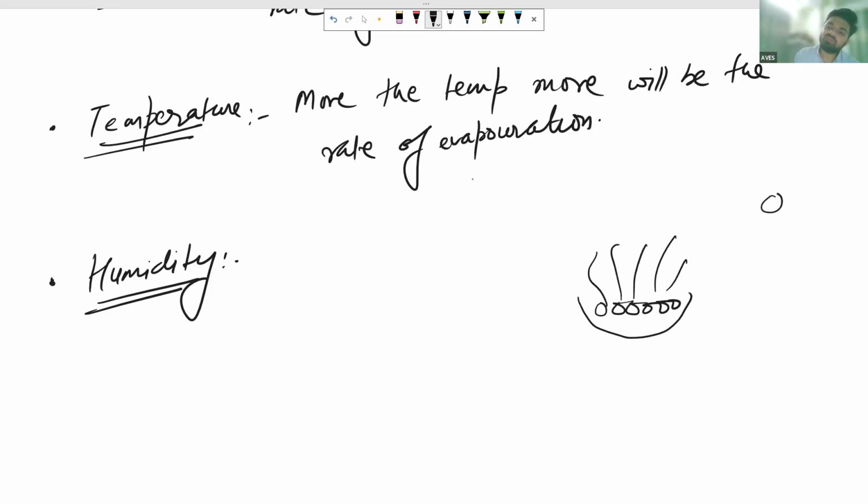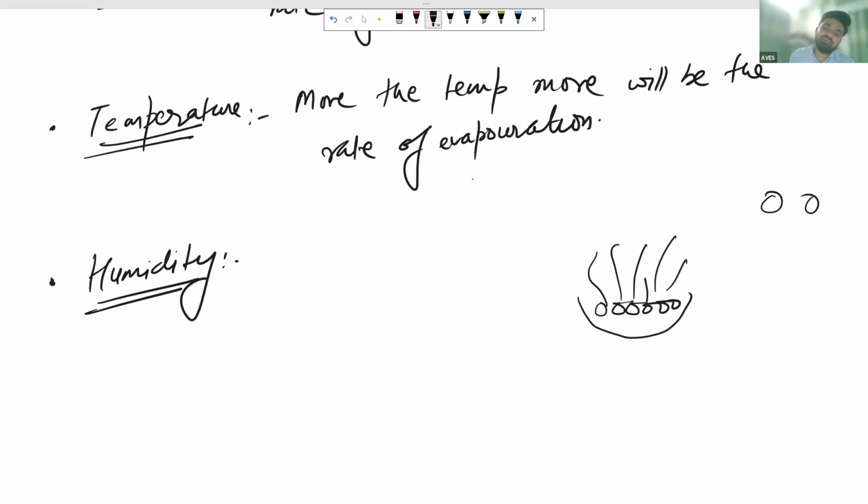But air has some water holding capacity, that this particular volume, one liter of air, can hold this amount of water. If that amount of water is already present in the air because of humidity, the air already has so much water in it.